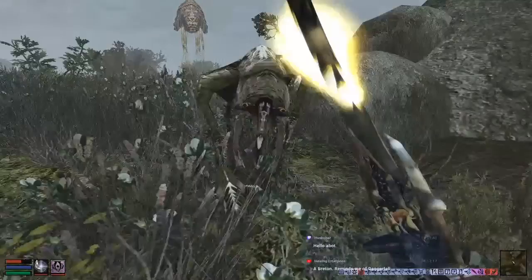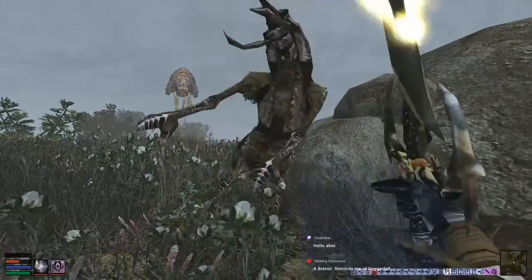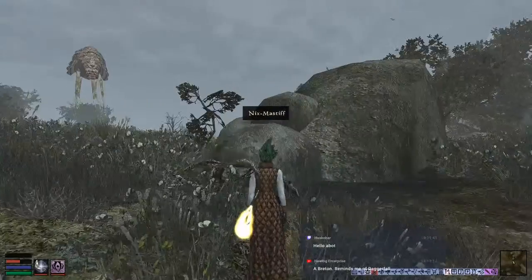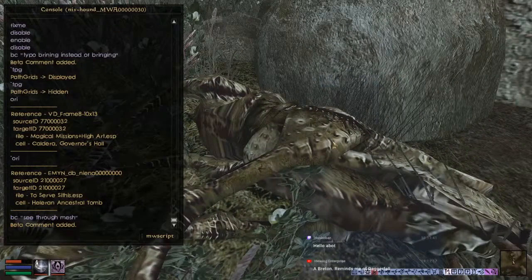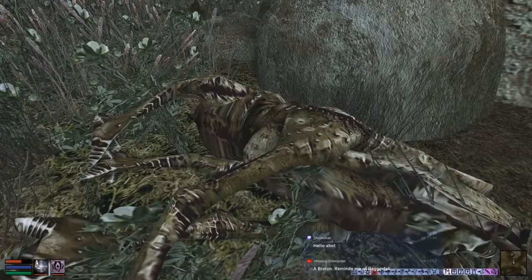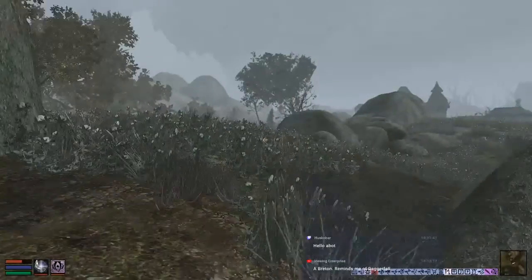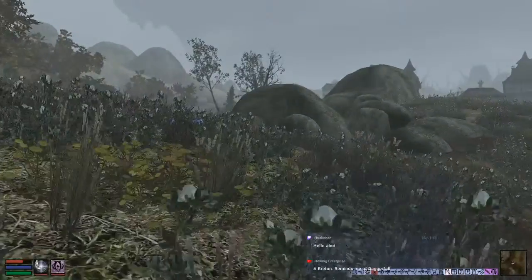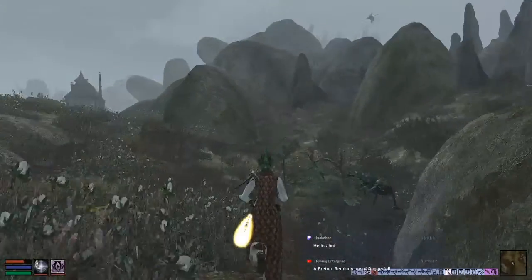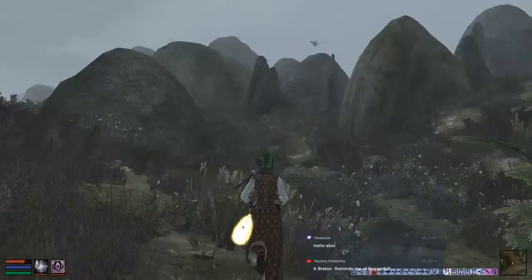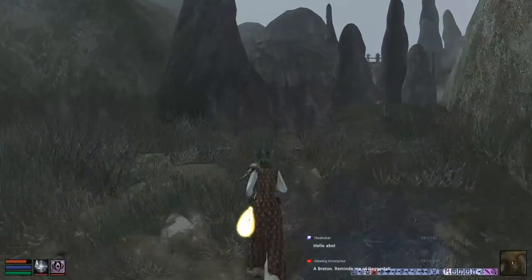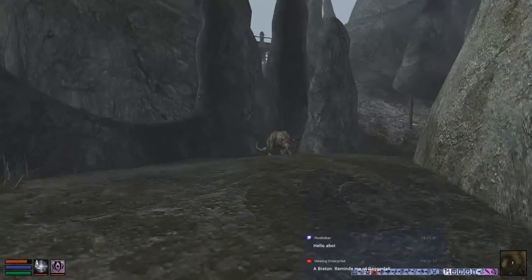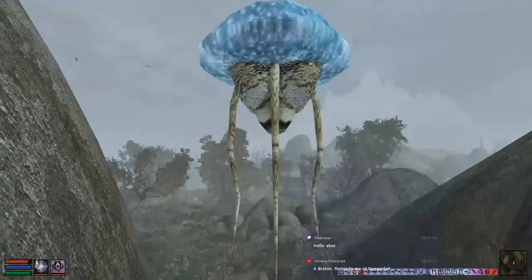Oh, this parts... a Nix Mastiff, another really dangerous thing added from the Morrowind Advanced mod. We talked about the big white rats, but also the Nix Mastiffs are really dangerous because they hit hard.